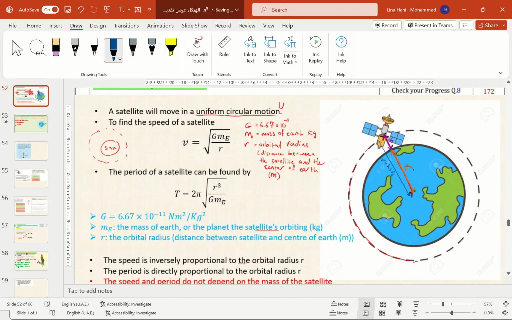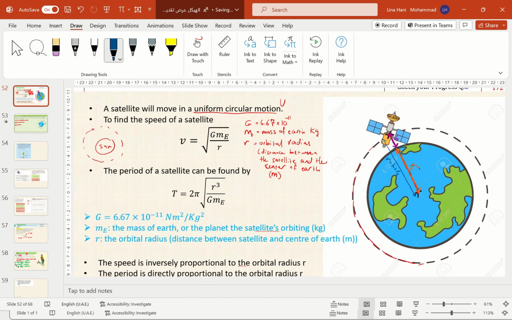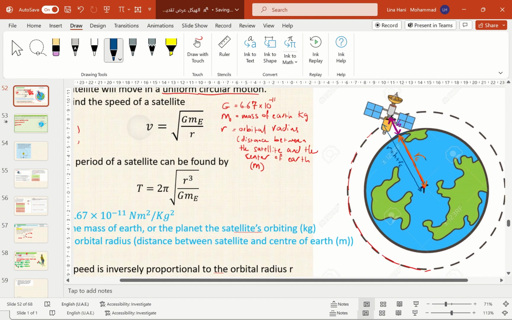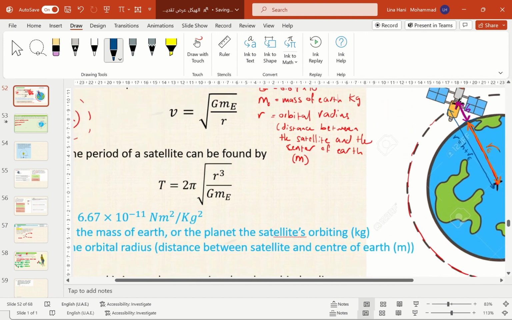That's in some of the questions. But if the question gave you the orbital radius of a satellite straightforward, then this is an easy question. You just substitute it in the equation.